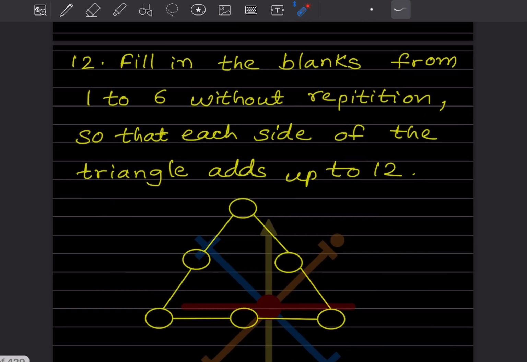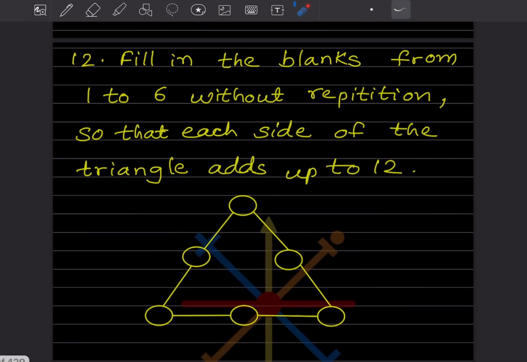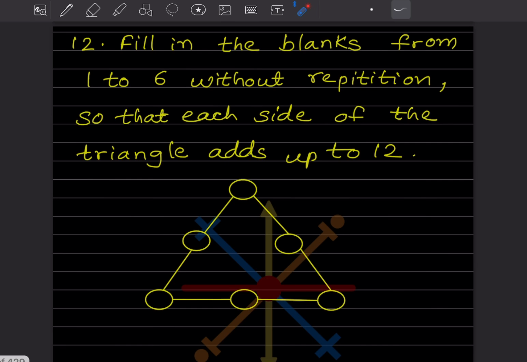So now let us see, fill in the blanks from 1 to 6 without repetition so that each side of the triangle adds up to 12. Now let us see from here, if we take here 6, here if we take 4, here if we take 5. Because we have to consider 1 to 6 without repetition. So we want to see that it should add up to 12.